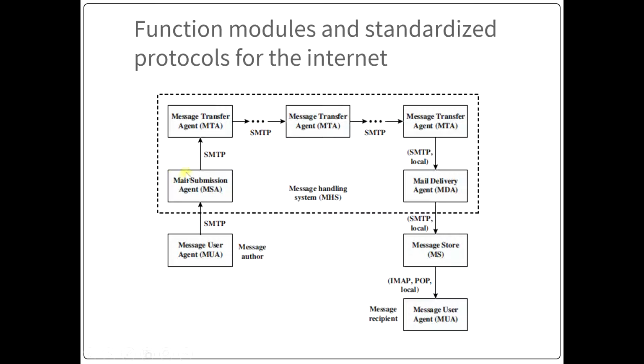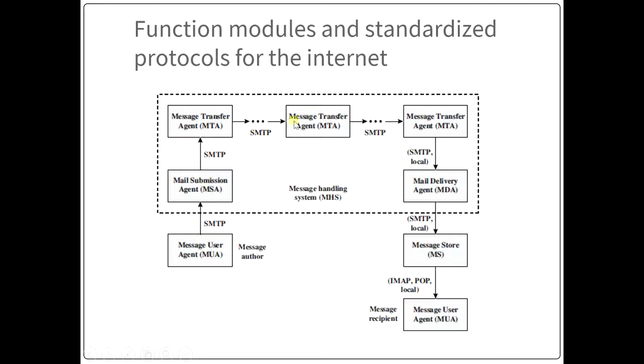This function may be located together with the MUA or as a separate functional module. Then we have SMTP, the Simple Mail Transfer Protocol, which is used between the MUA and the MSA.